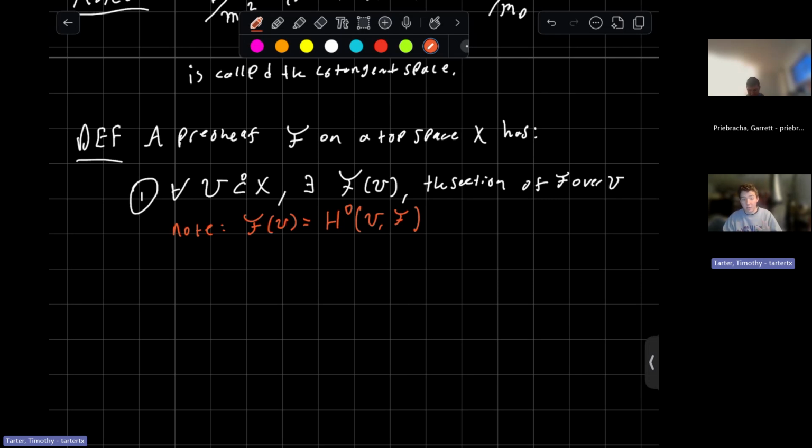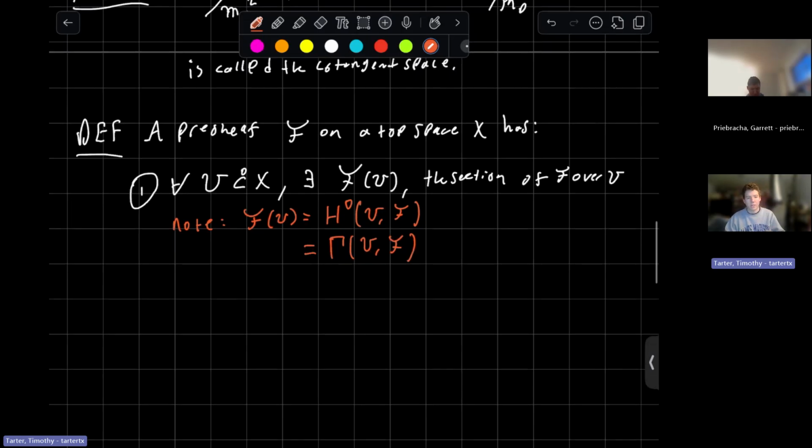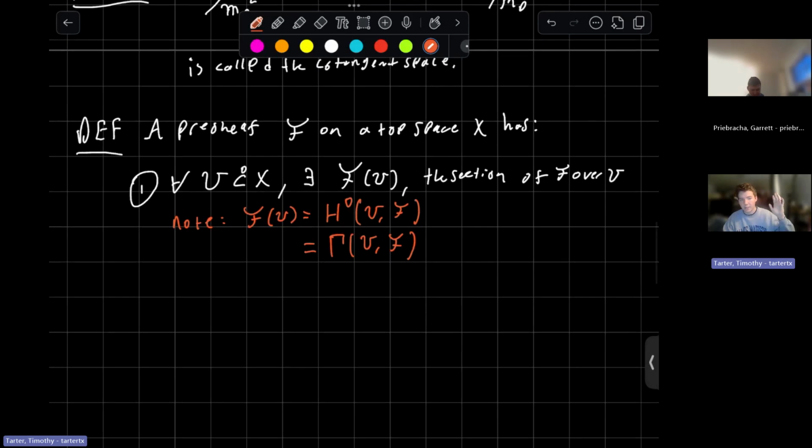It's just where we start. This is also equal to gamma of U comma F, which is the global sections functor, which sends local sections to global sections.